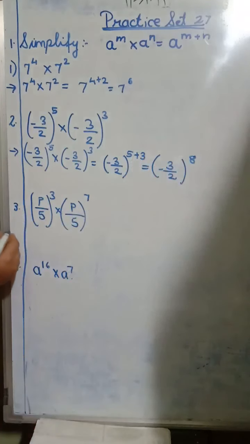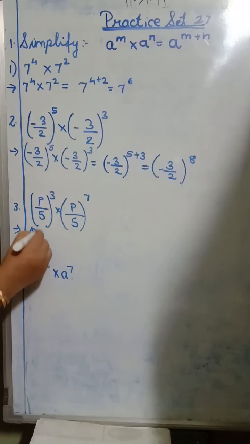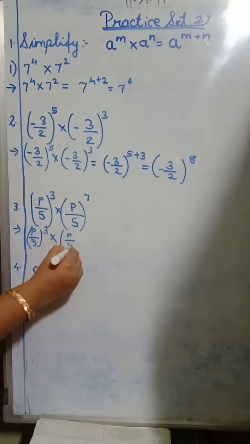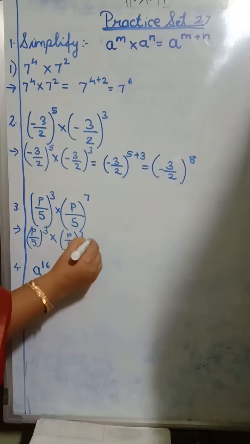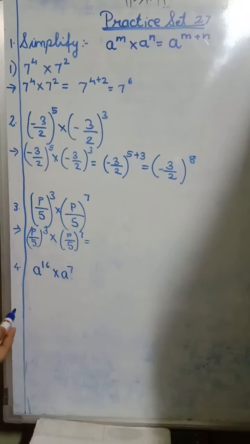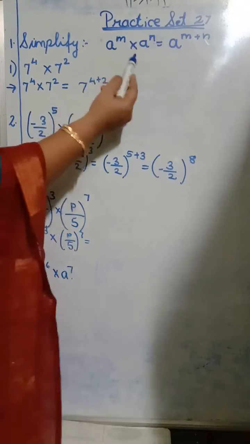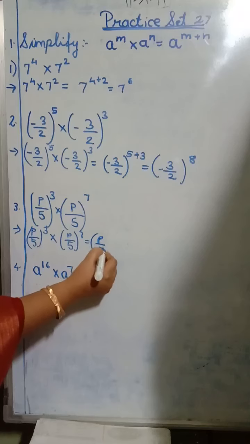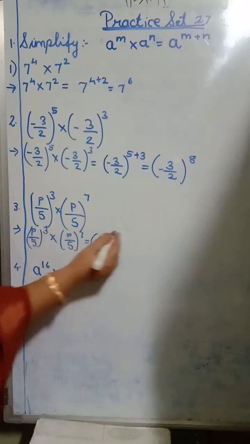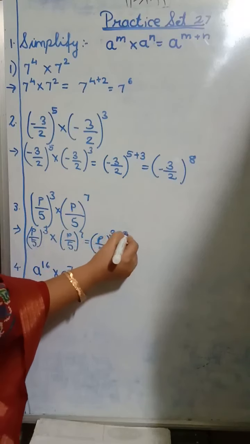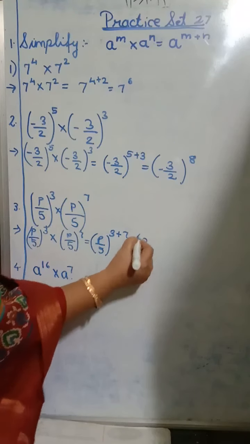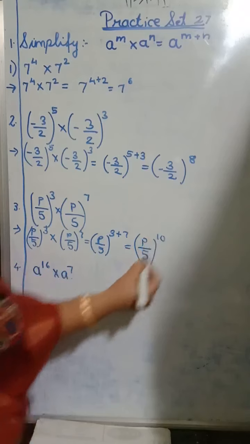Okay. Now the next sum, that is p upon 5 raised to 3 multiplied by p upon 5 raised to 7. So a raised to m into a raised to n, same formula. So the base will be p upon 5 raised to m plus n, that is 3 plus 7, that is equal to p upon 5 raised to 10.